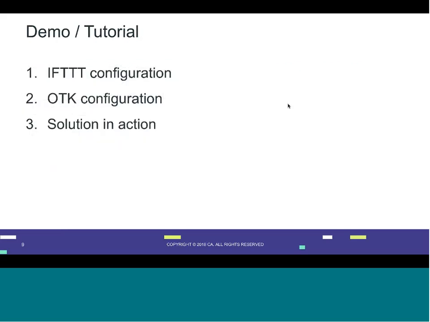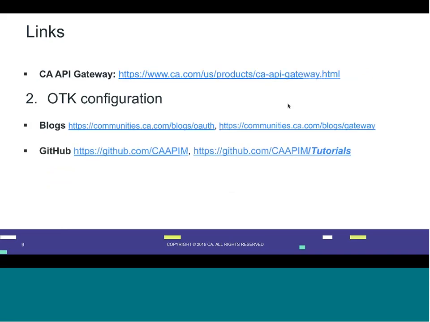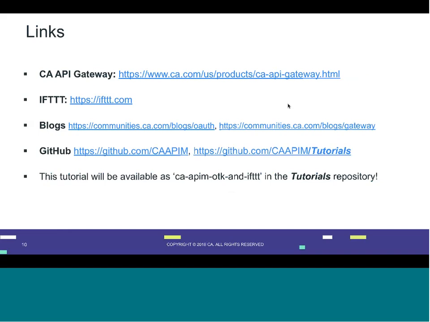So we will configure the IFT platform, we will configure OTK, and we will see how those two work together. These are links, and I'll get back to these at the end.